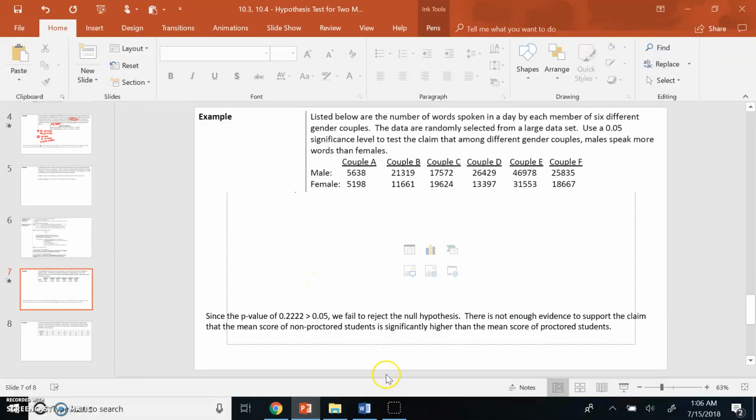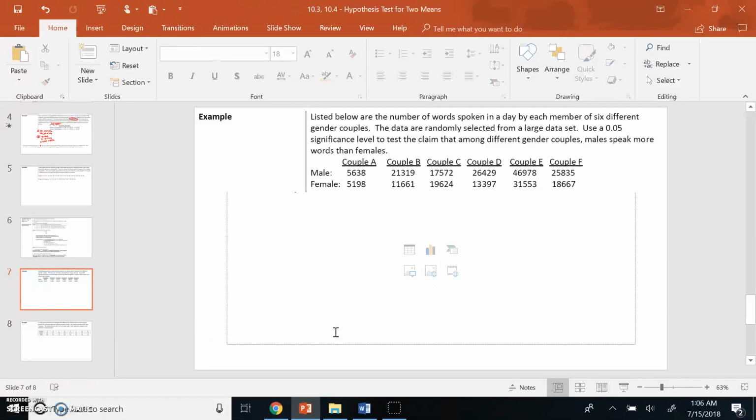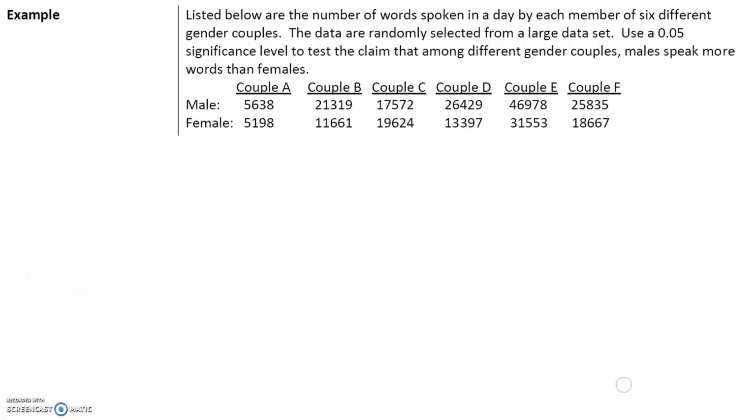So our conclusion. Our null hypothesis is that mu1 equals mu2. Our alternate hypothesis is that mu1, the number of words spoken by husbands, is greater than mu2.